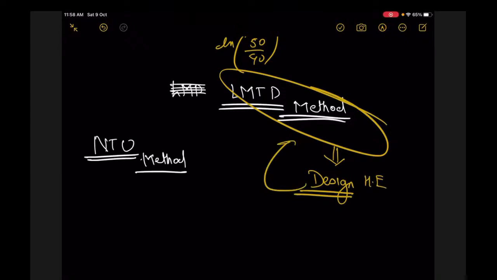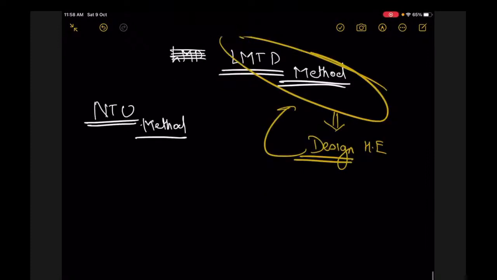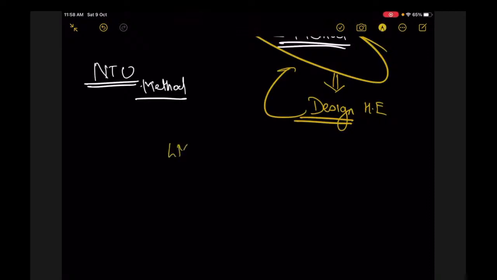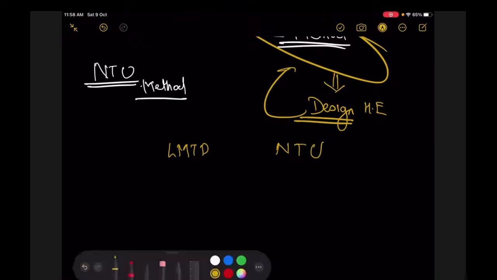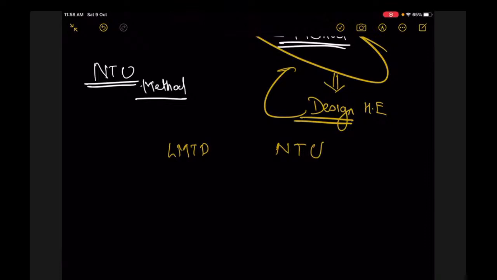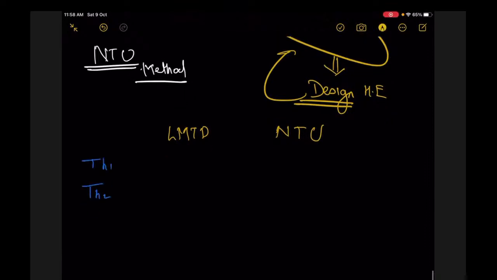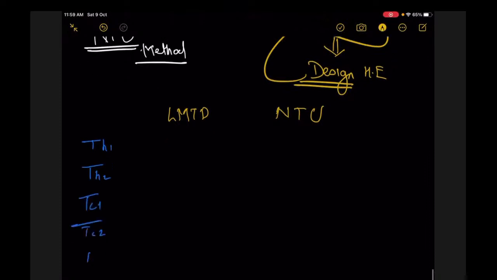So what is the basic difference between the LMTD and NTU methods? I will tell you. Think about which data is given in LMTD, TH1, TH2, TC1, TC2 and area, and then I will tell you which data is given in the NTU method.